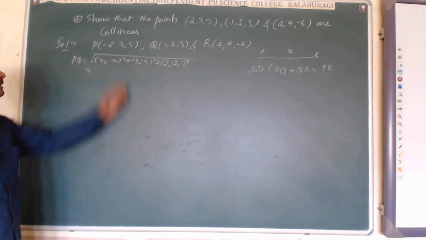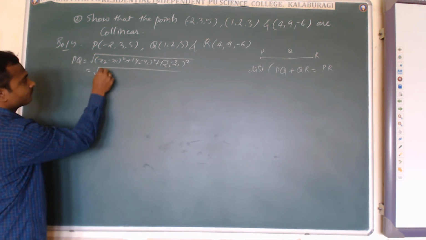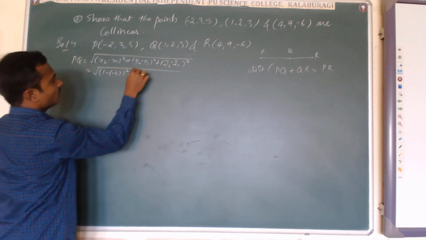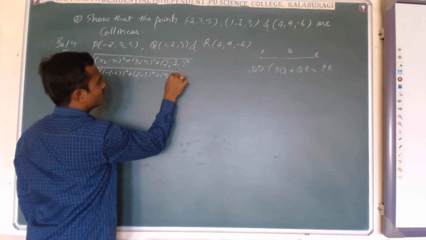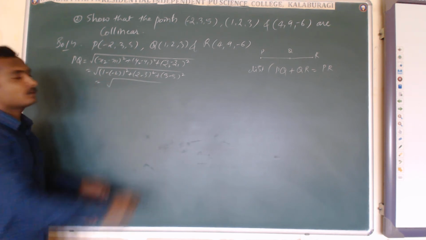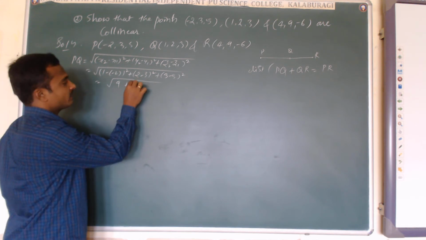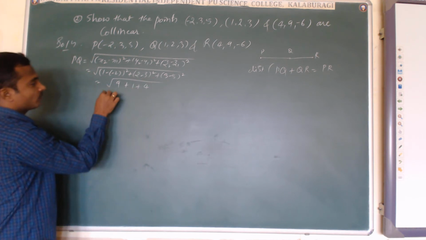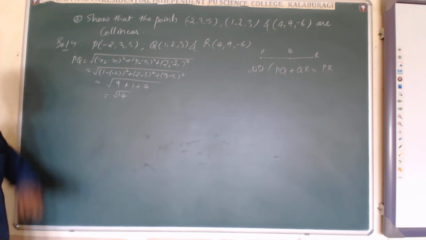By taking the coordinates of P and Q, let us substitute the values: (1 minus of -2) whole square, (2 minus 3) whole square and (3 minus 5) whole square. 1 minus of -2 is +2, 3 square is 9, plus 2 minus 3 is -1, -1 whole square is +1, 3 minus 5 is -2, -2 whole square is +4. So 9 plus 1 plus 4 is 14. We got the distance PQ.